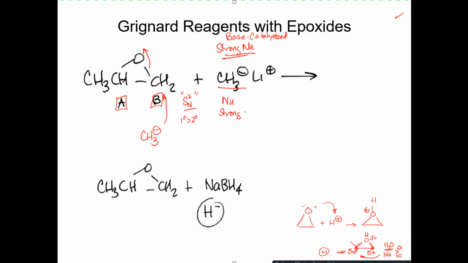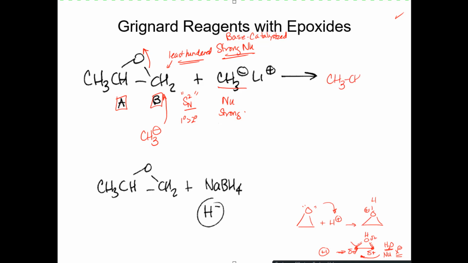Base catalyzed is not what these are. These are strong nucleophile epoxide ring openings. And whenever you do a strong nucleophile, which means it has a negative charge, which means no acid, you're always going to have the nucleophile attack the least hindered carbon.